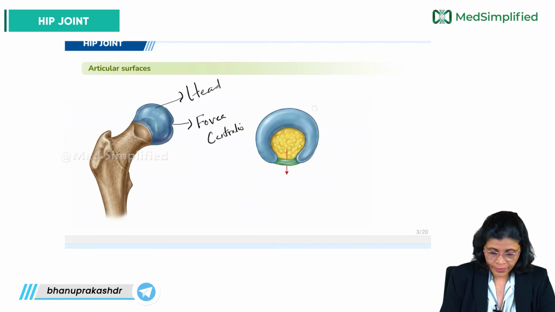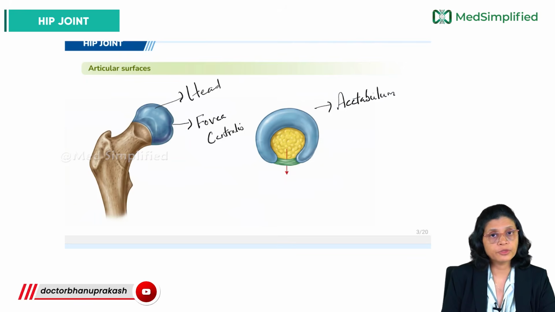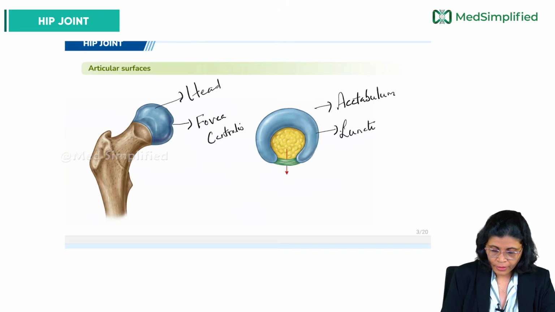This is the acetabulum of the hip joint, and it has three parts. This is the horseshoe-shaped lunate articular surface. Only this part articulates.